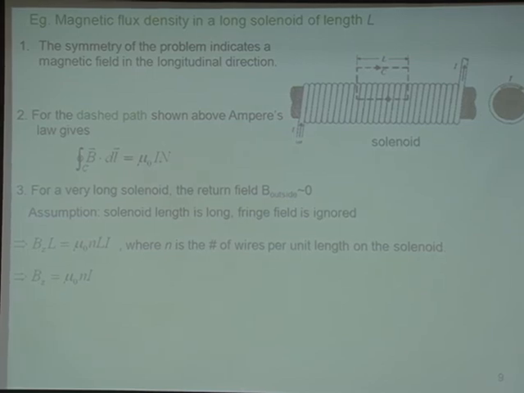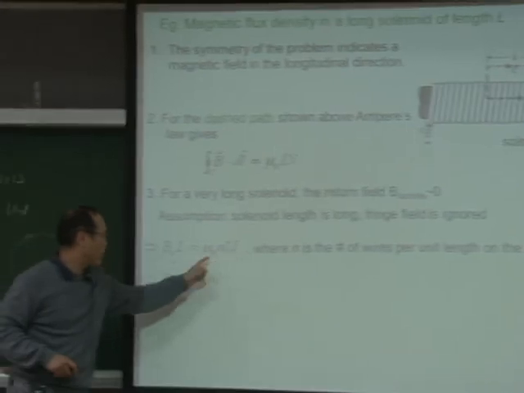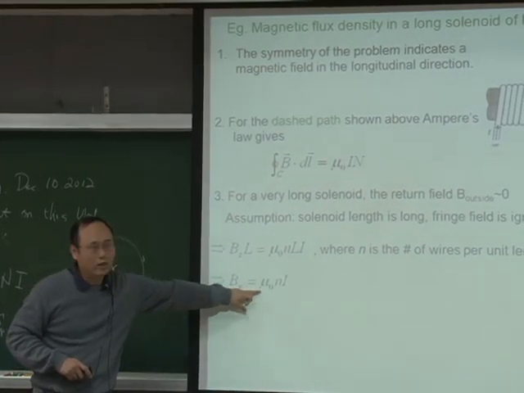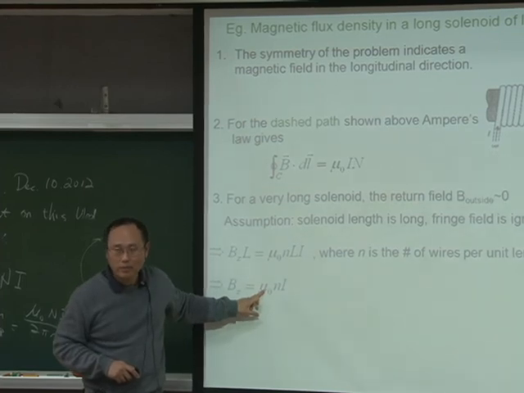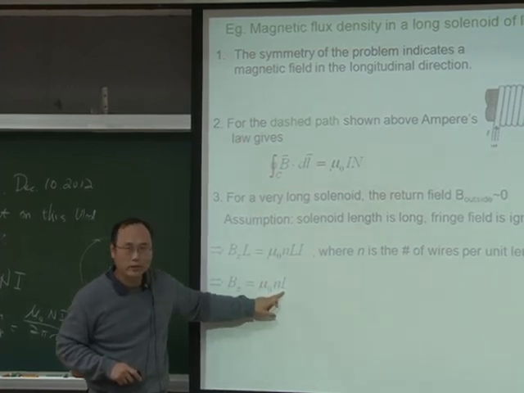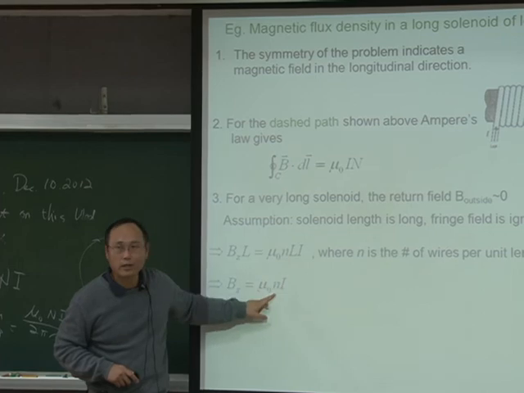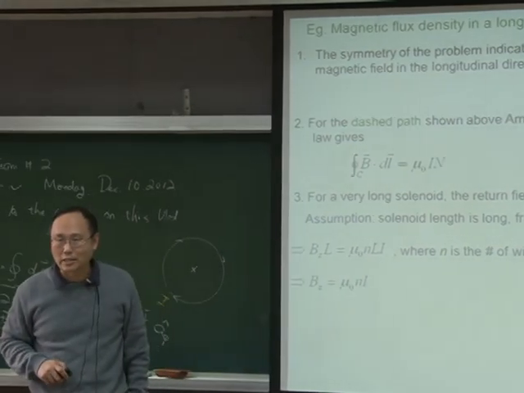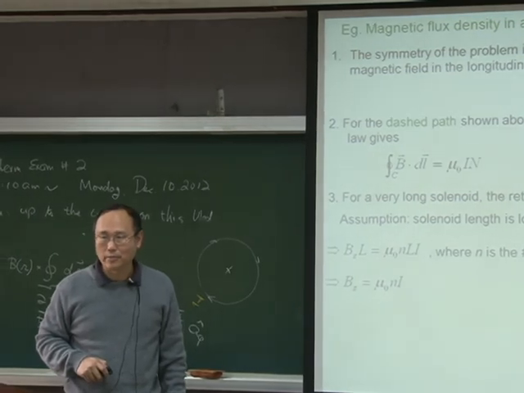Okay, so with this, you cancel out this L and this L, then you end up having a Bz equal to the vacuum permeability multiplied with the current, and then multiplied with the density of the wire, the axial density of the wire in your problem.